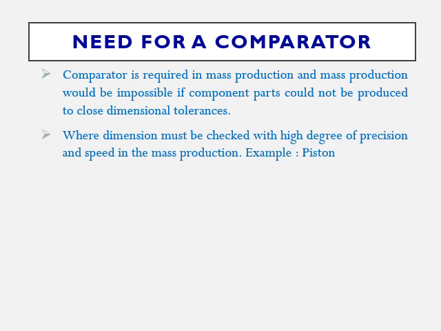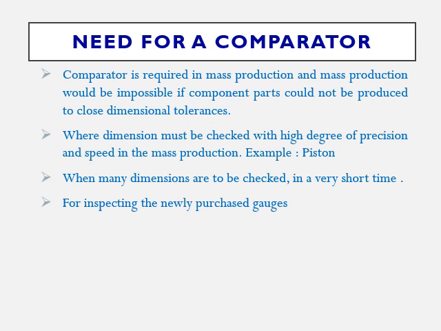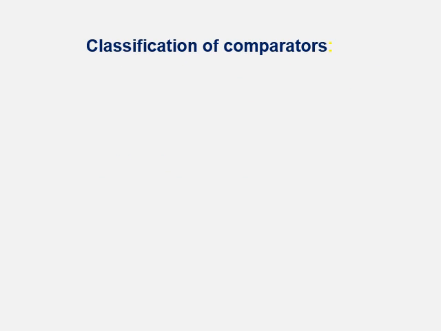That's why comparators are required wherever dimensions must be checked with a high degree of precision and speed in mass production, for example a piston, and when many dimensions are to be checked simultaneously in a very short span of time. For inspecting newly purchased gauges, comparators are also necessary, because we need to calibrate the newly purchased gauges.